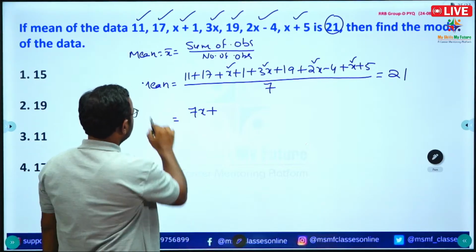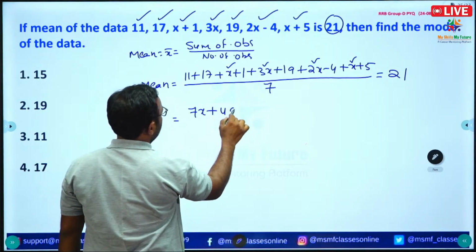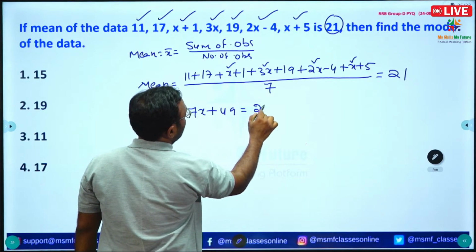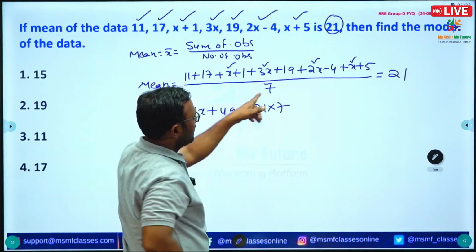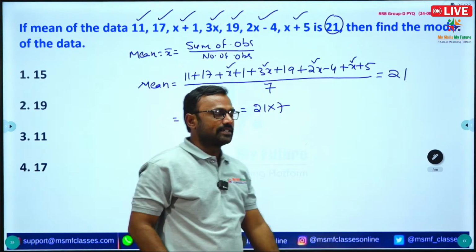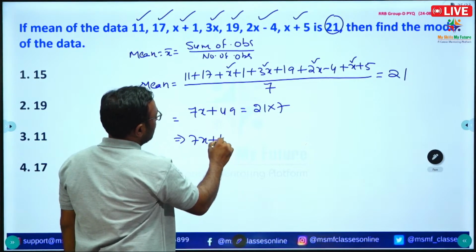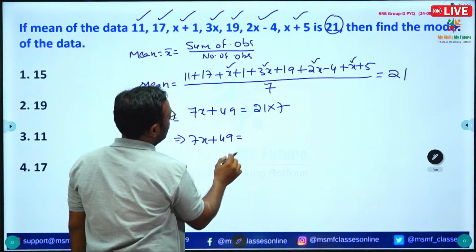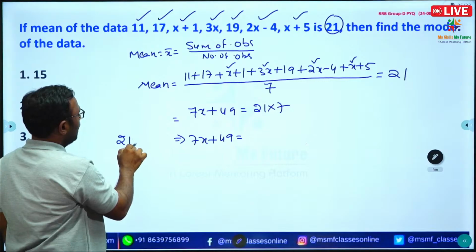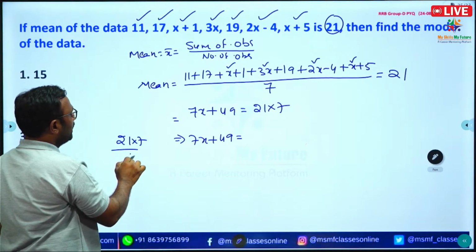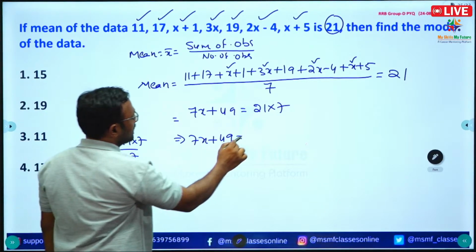Okay, so plus 49 is equal to 21 into 7. Send this 7 to the right side. So 7x plus 49 is equal to 21 into 7, we get 147.